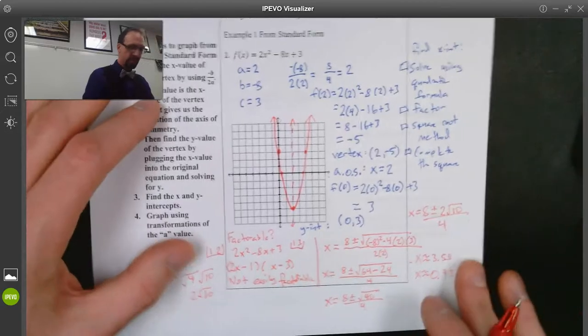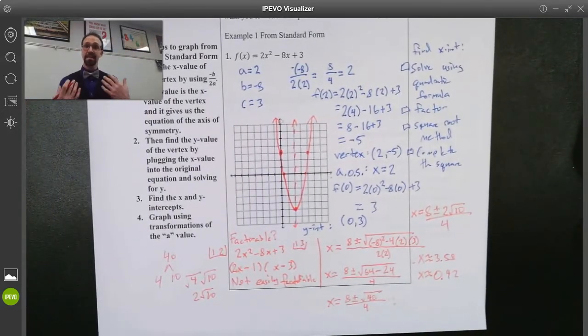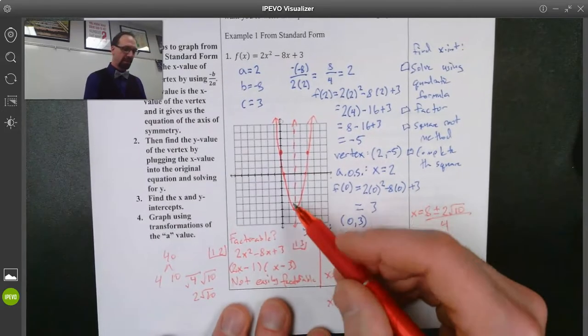A lot of students want to think A is slope. A is not slope. A is an example of how much you stretch. In a linear graph, the value that would be there is slope. It's not slope for any other type of graph, especially a quadratic. A talks about how much your rate of change or how much that vertical stretch is going to happen with this particular graph.